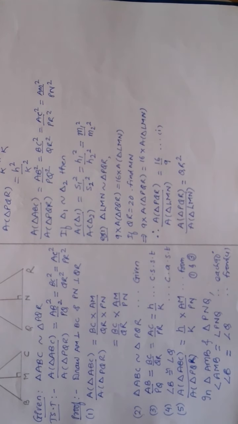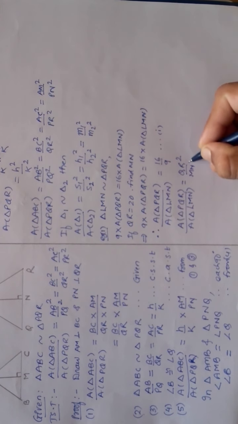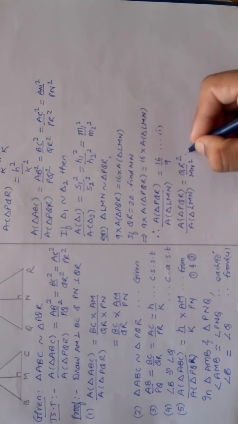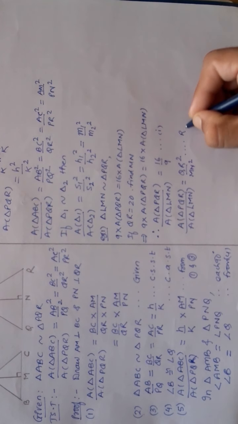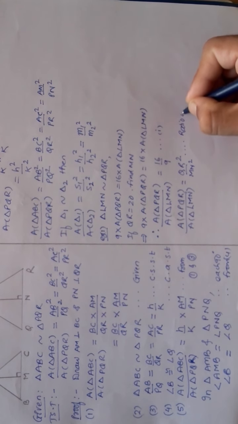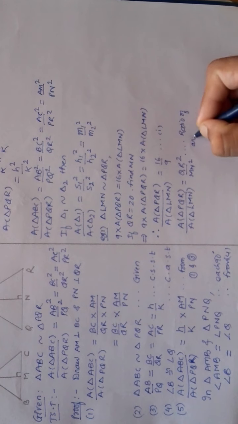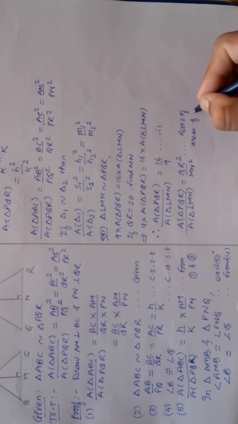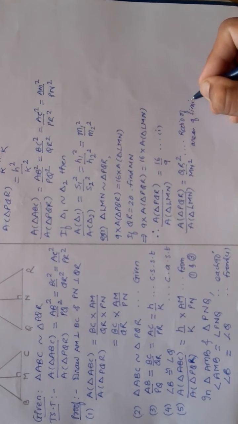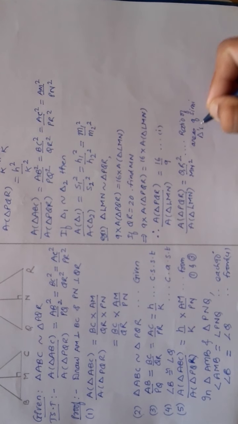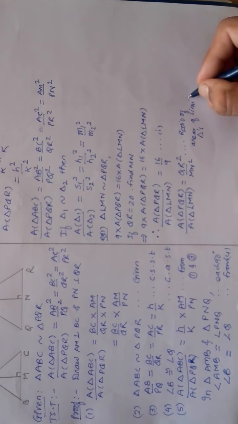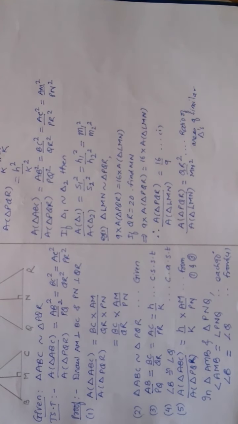The ratio of their areas is proportional to the squares of their corresponding sides, that is QR square is to MN square. So I will mention here, it is the ratio of areas of similar triangles.